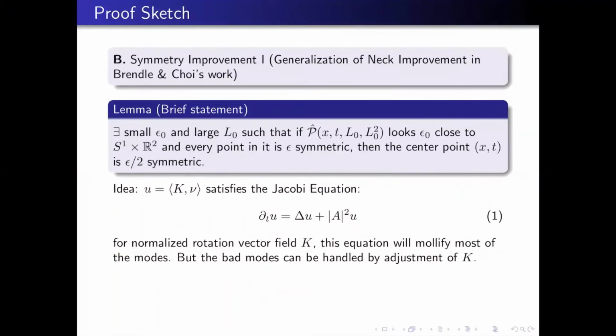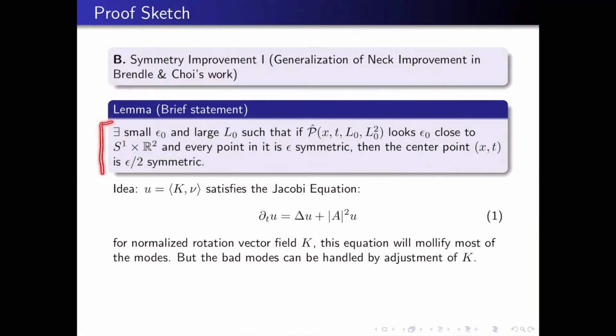Now, here are the key ingredients, the symmetry improvements. There are two of them. The first one is the generalization of the neck improvements in Brendle and Choi's work.